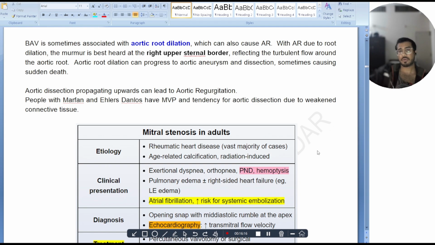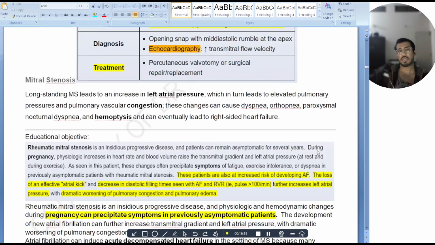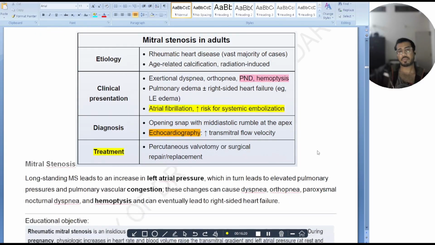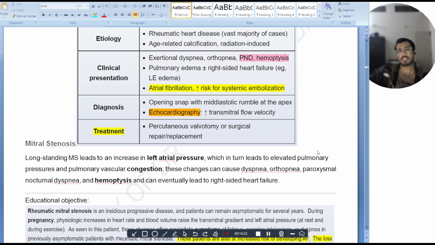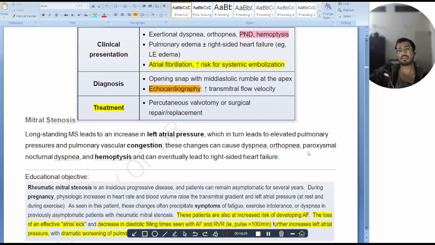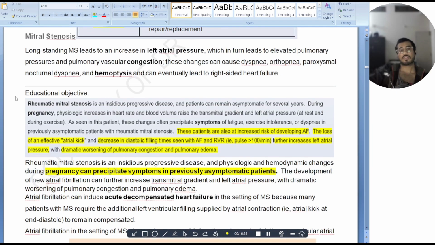It's simple. You'll be able to make a diagnosis. But you just need to keep in mind that the lungs would be congested, the JVD would be raised, the right side of the heart would be failing, and the patient will also have dyspnea because there's improper oxygenation and all that good stuff.